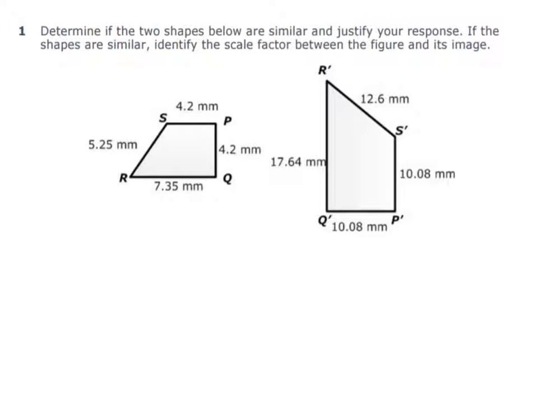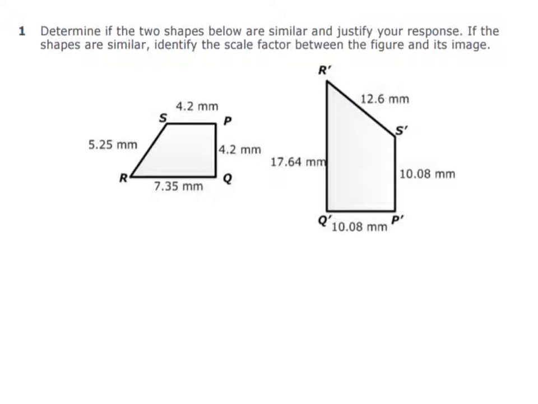So there are two things that we must do with this particular problem. The first thing is to determine if RSPQ is similar to R prime, S prime, P prime, and Q prime. So without any further ado, let's take a look.